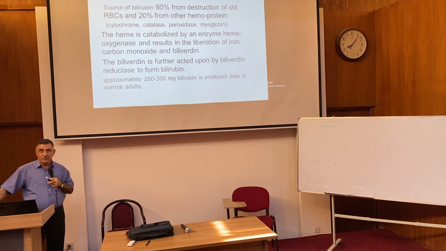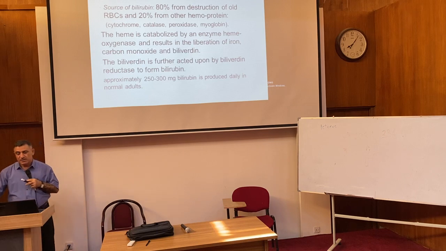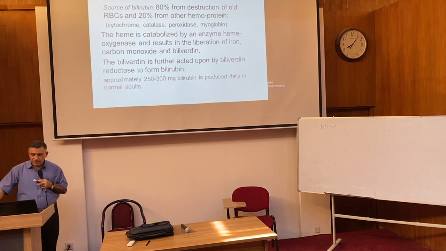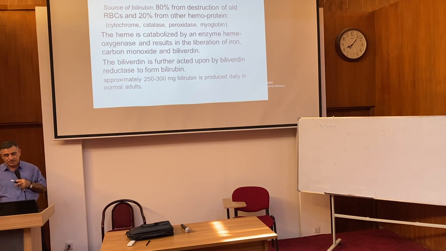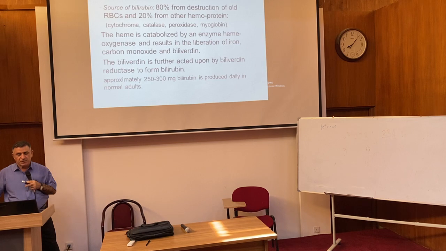And the iron is also recycled. But the biliverdin is acted upon by an enzyme called biliverdin reductase to form bilirubin. Bilirubin cannot be recycled. It should be excreted out of the body, because it is a toxic substance. Normally, we produce 250 to 300 milligram of bilirubin daily in a normal adult.